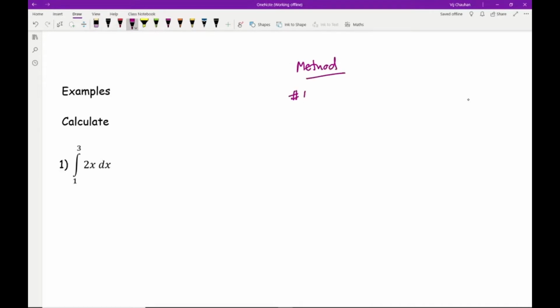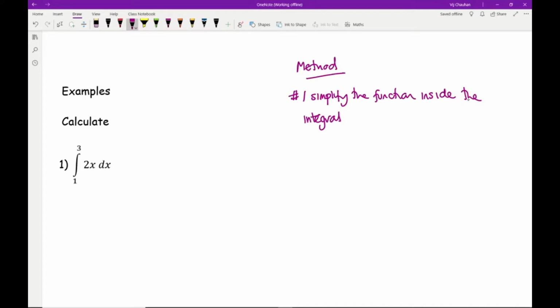step 1, what we want to do is simplify the function inside the integral. Now with this particular one, I don't need to simplify.